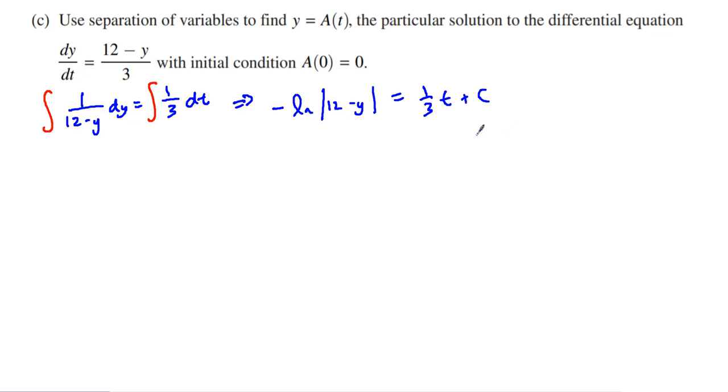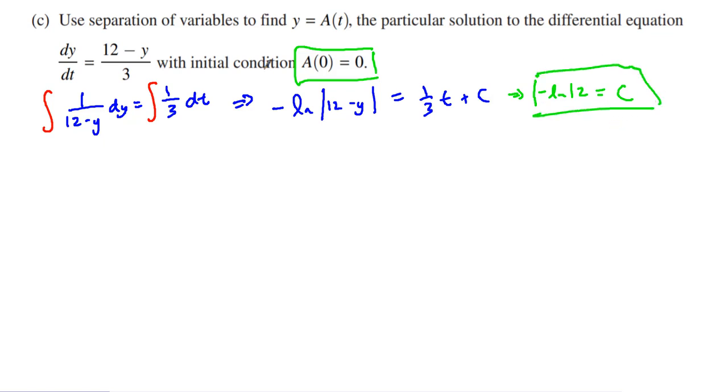Now let's use my initial condition. We're going to use A of 0 equals 0, and plug in our values, because we have to find out what C is. That gives us negative natural log of 12, because 12 minus 0 is 12, equals 1/3 times 0 plus C. So I know that C is equal to negative natural log of 12.